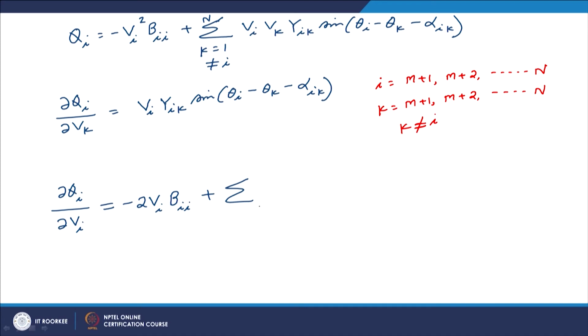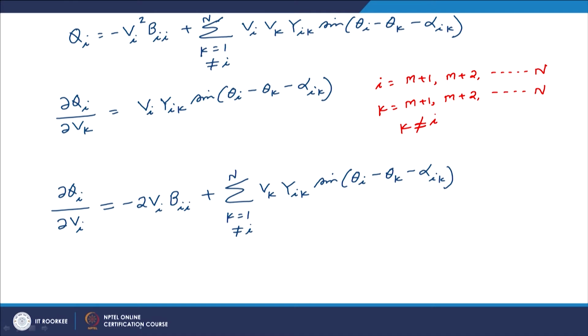So, all these terms inside the summation symbol will come into picture. So, k equal to 1 to n not equal to i, it would be v k y i k sin of theta i minus theta k minus alpha i k.